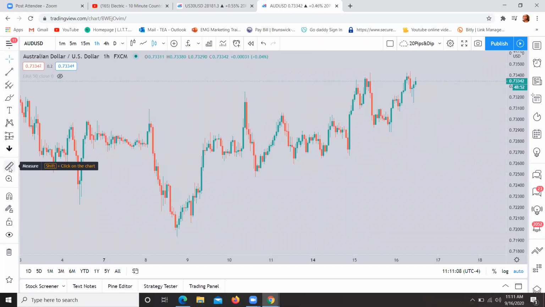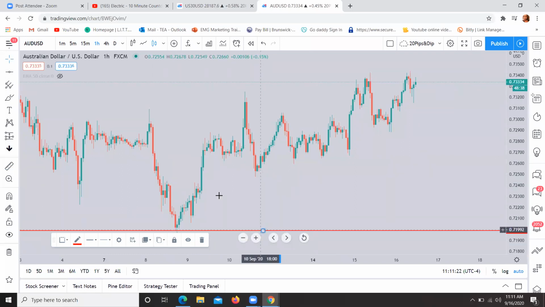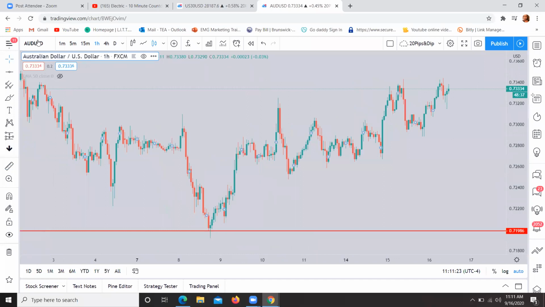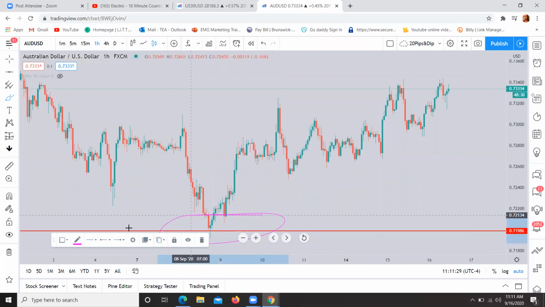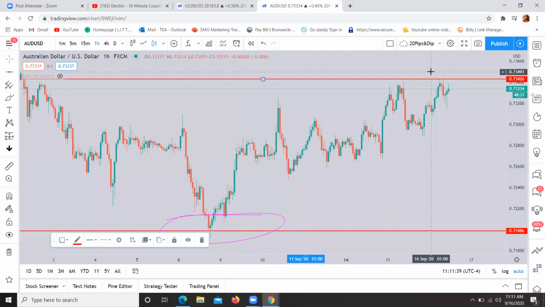The first way is right here where it says measure. Let me put some lines on here. Looking at this chart, this is the Australian dollar. Can we all agree that the lowest point on this chart is right here, and the highest point from what we can see is right up in here?